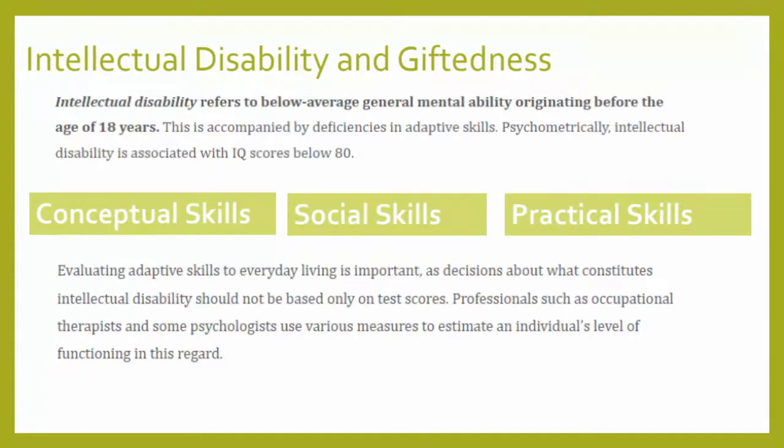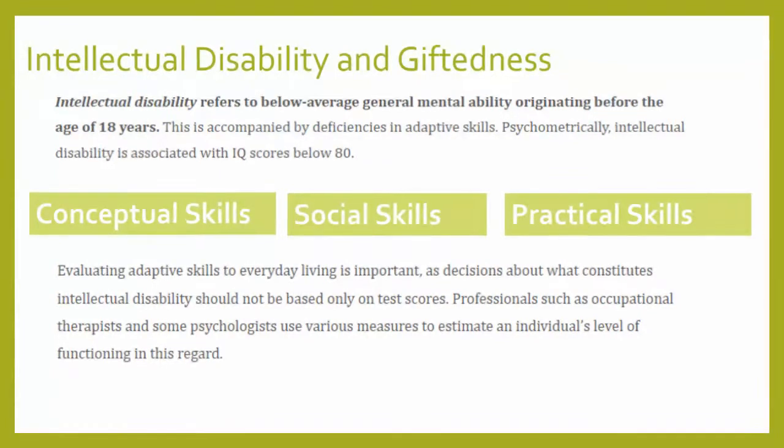So the diagnosis is not dependent only on test scores, it's dependent on those adaptive scores as well, and that is where other professionals can come in, such as an occupational therapist and psychologists, and they use different ways to measure individuals' levels of functioning in this regard.